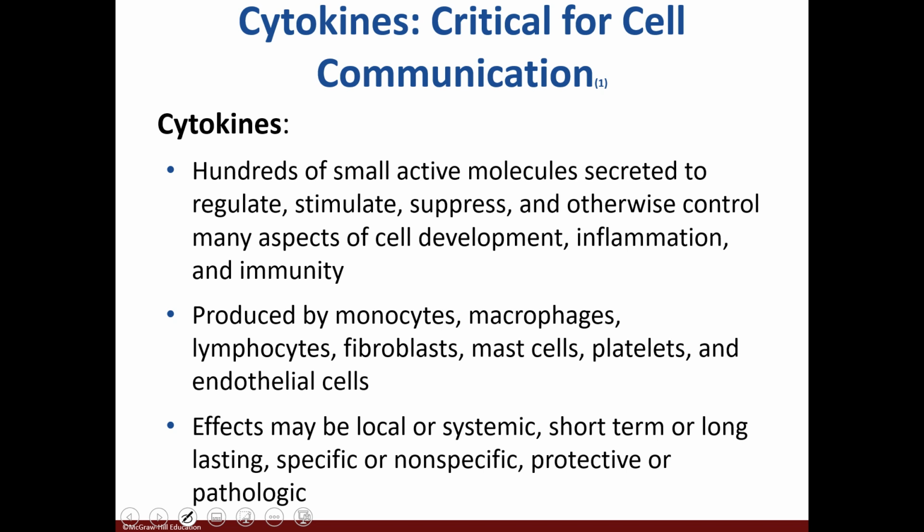Cytokines are molecules that have a role in cell development, inflammation, and immunity. Immune system cells are responsible for their production, and the effects may be localized or systemic. They may also provide short-term or long-term actions, may be specific or non-specific, and could have protective properties or could cause damage to the host.